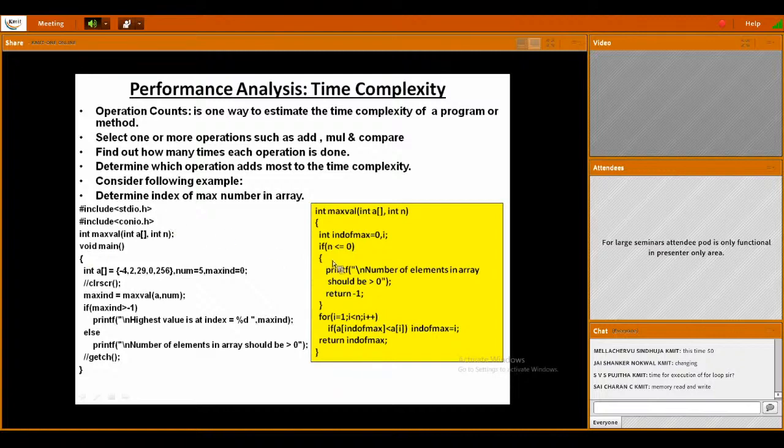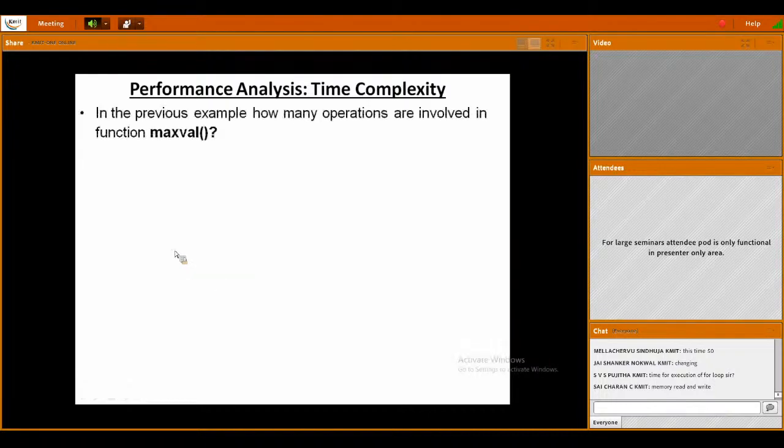Now any code which is coming in front of you, you should be able to first find out what are the factors which are going to be most significant, right? So let's do this analysis with the example in the background. In this previous example, finding out at what index the max number is, how many operations are involved in the function maxval? The first is initializing with a constant value.